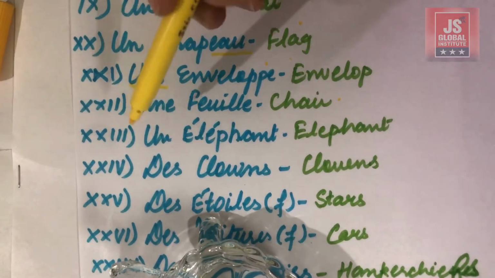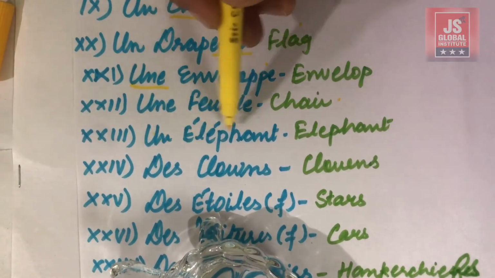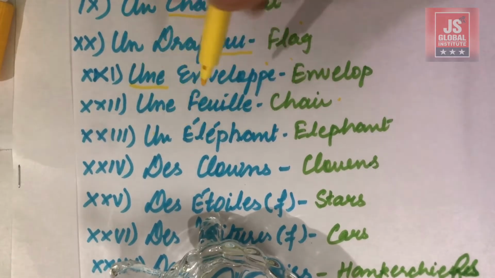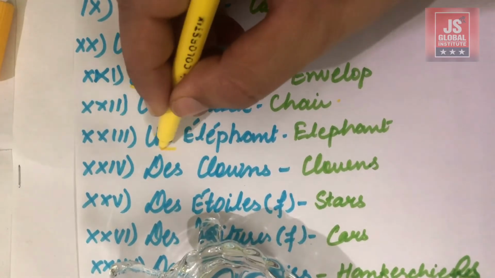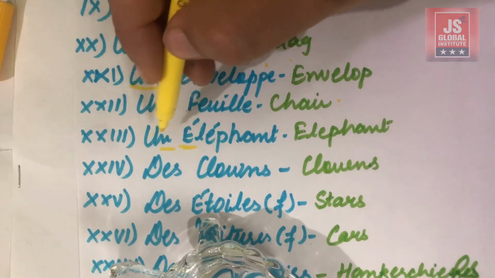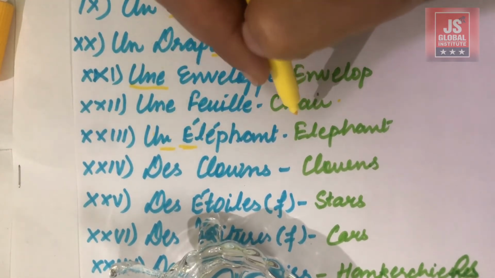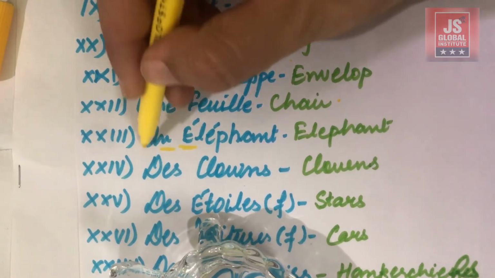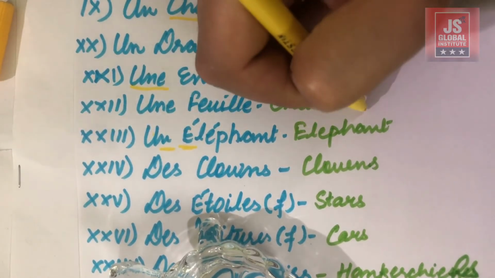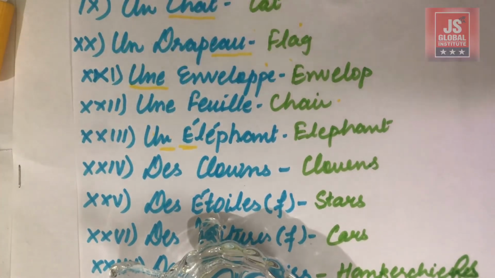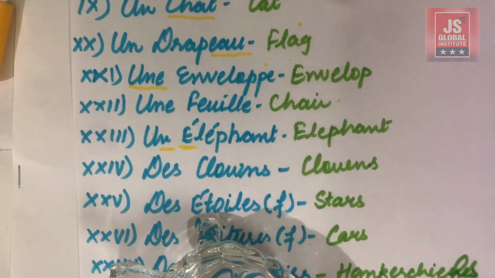Alright, moving on. Un éléphant, so this N gets connected to E over here, and it produces sound like un éléphant. Alright, and elephant is basically masculine in French.